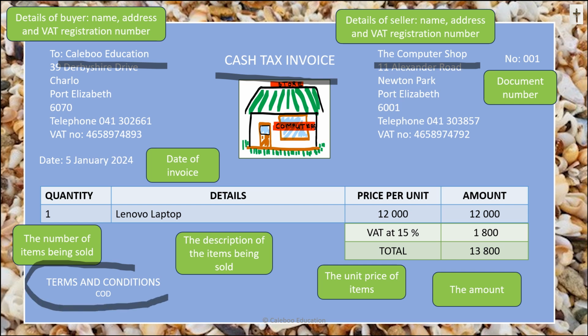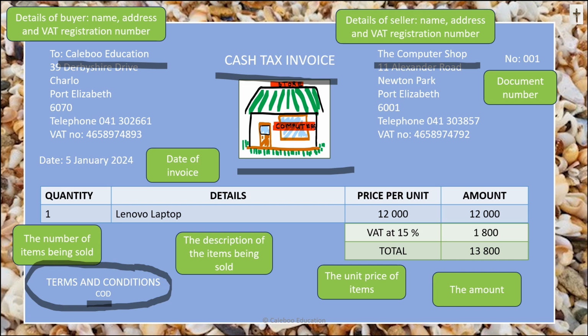That means Calibu Education has to pay for the computer on delivery. If you buy it online, you might have bought it before you receive it, but it's a payment that's been made. Now this document is supporting documentation for Calibu Education.